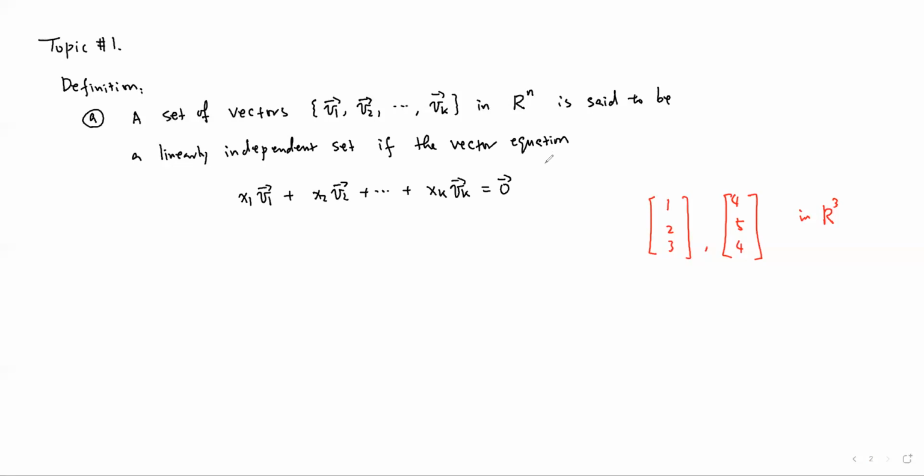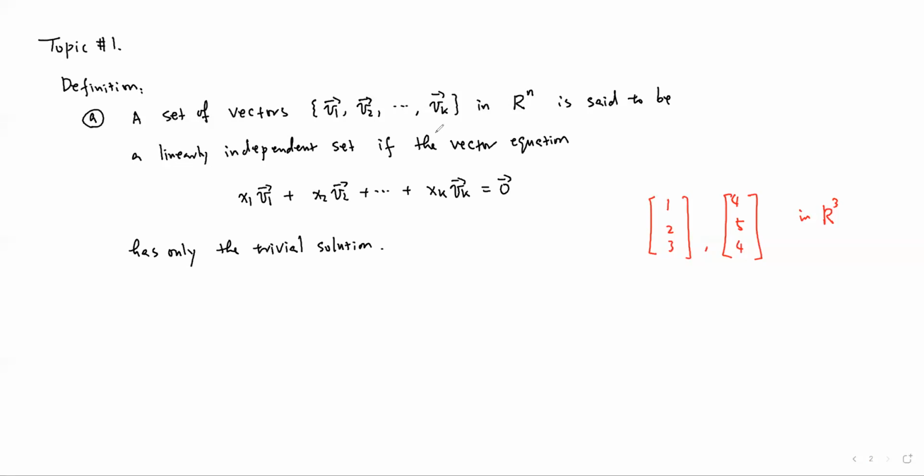If this vector equation has only the trivial solution, then we say that this set of k vectors is a linearly independent set.